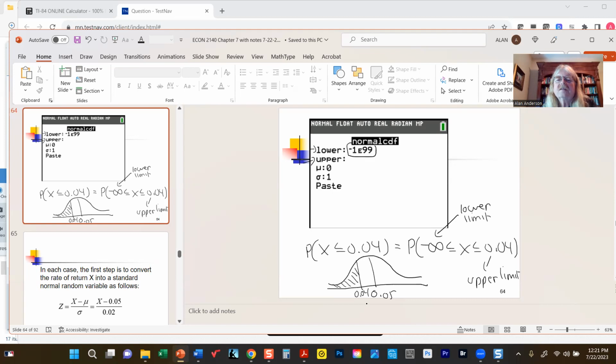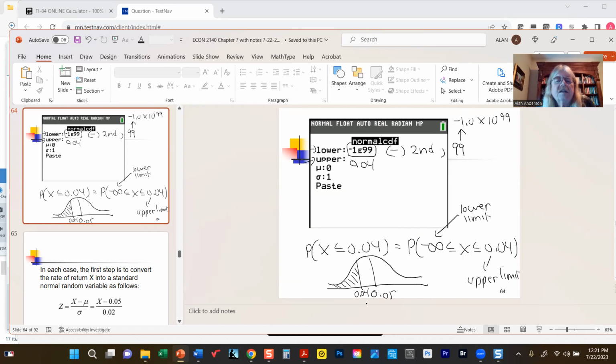You have to type negative, second, comma, 99. If you type that correctly in the window, it'll replace it with negative 1E99, which means it's actually negative 1 times 10 to the 99th power. That's what we're going to use instead of negative infinity, because the calculator doesn't have anything smaller than that. Upper will just be the 0.04.